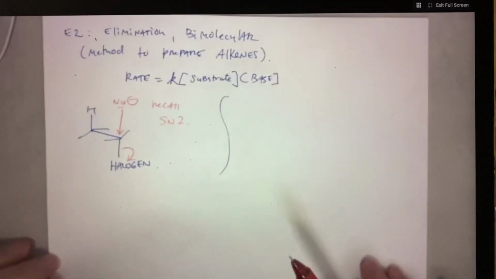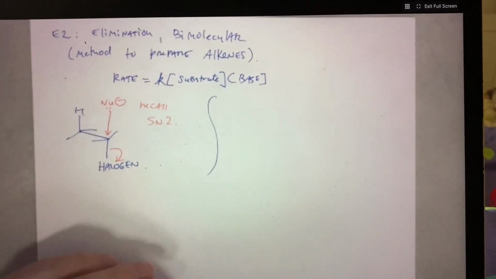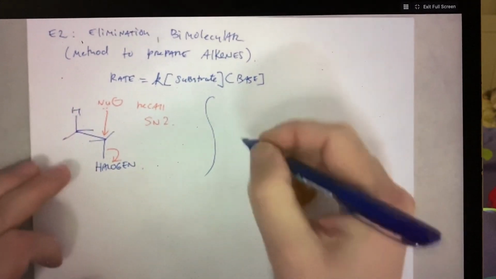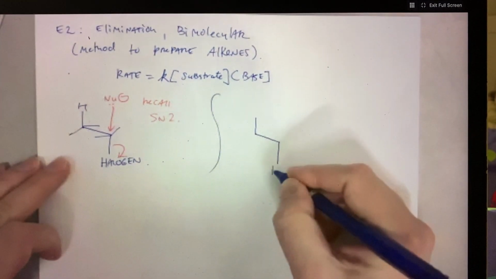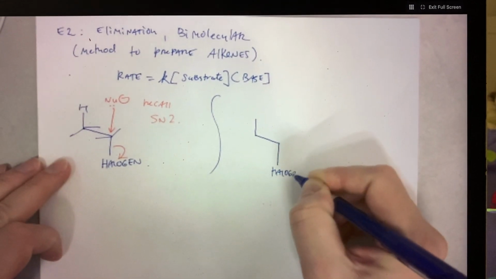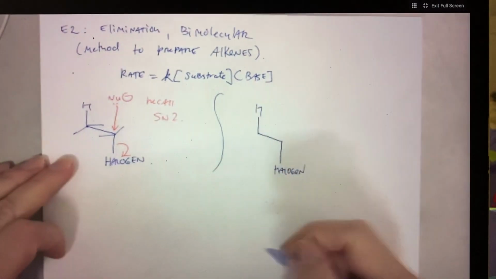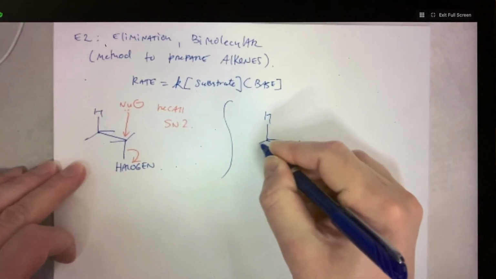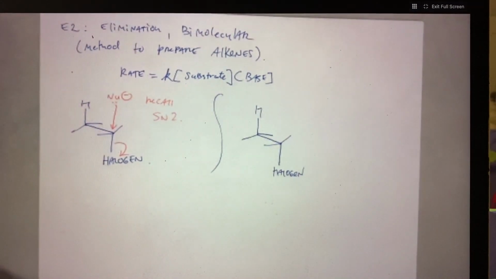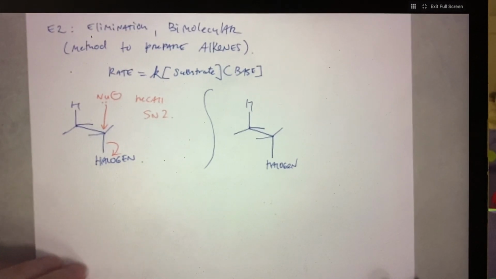And the reason why E2 gets a little bit confusing with this is that we're going to draw the same type of, I like to call it, sawhorse projection. If you don't know what a sawhorse is, you can look it up. I'm sure Wikipedia has a great picture of it. We're going to draw the same type of arrangement of atoms.